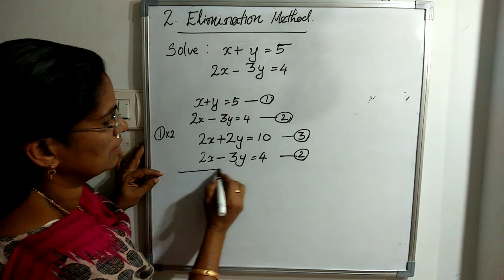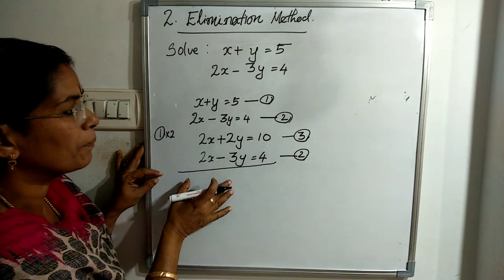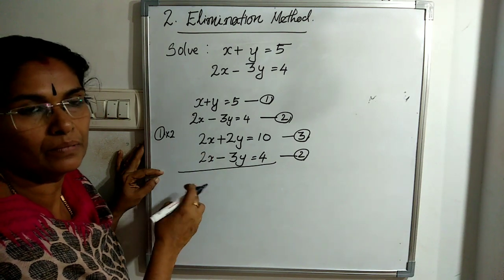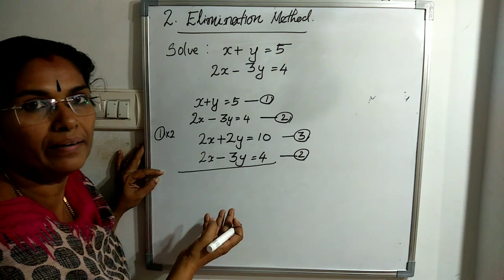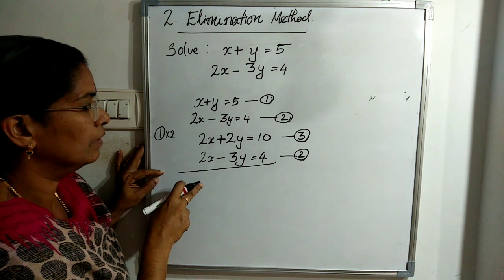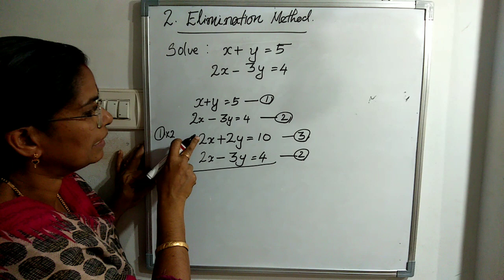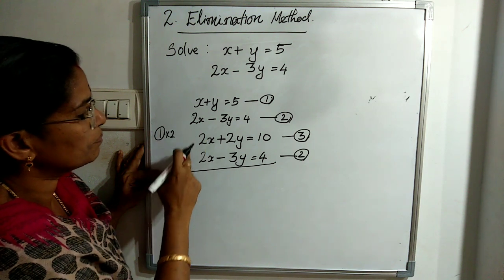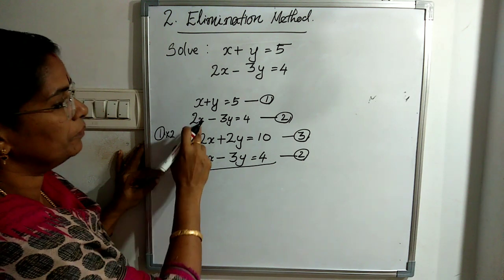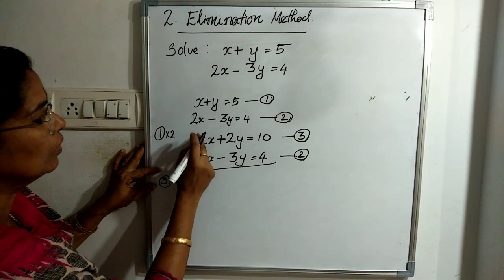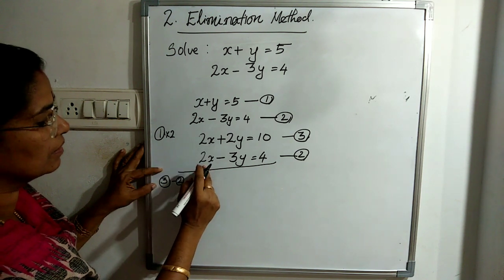Now the next step is, you have to subtract or add to eliminate one variable. Look here, equations 3 and 2. If you subtract equation 2 from equation 3, the x part will be 0. Equation 3 minus equation 2: 2x minus 2x is 0.